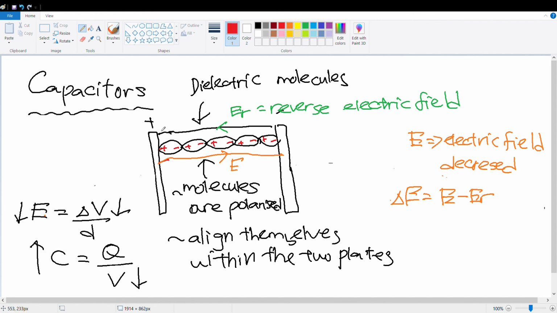This experiment is actually performed in an isolated capacitor. The charge is being isolated, which means the capacitor is not attached to the power supply. So this is the isolated capacitor.